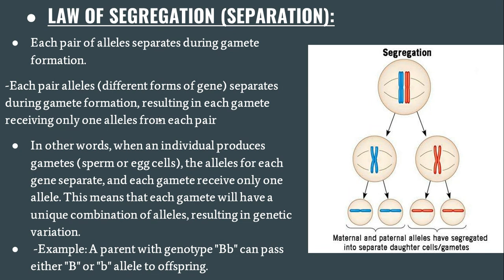As we can see in the diagram, the blue is the capital B allele, while the red is the small letter b allele. When it was passed to the offspring, as we can see, the alleles, both blue and red, were separated.